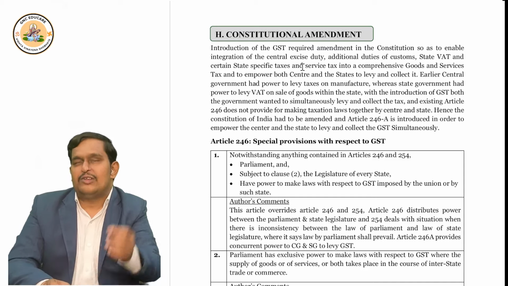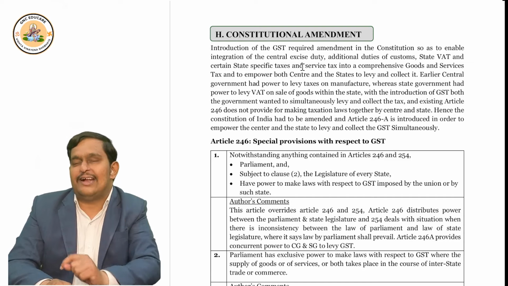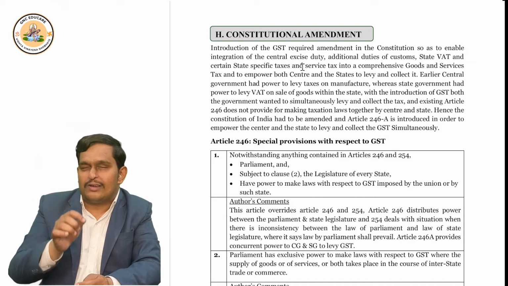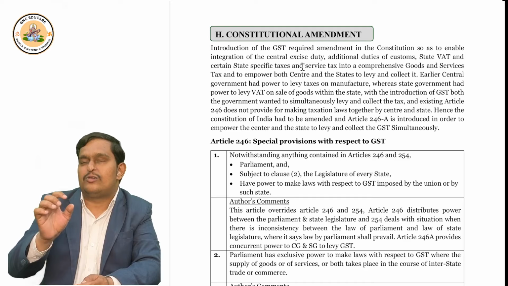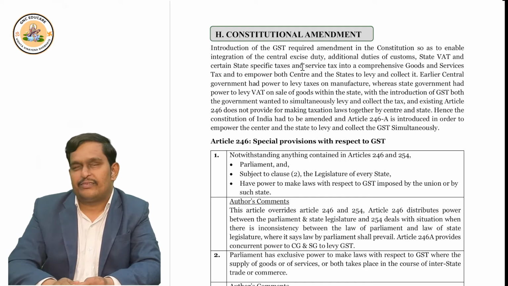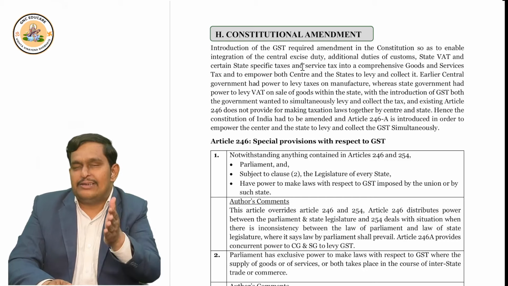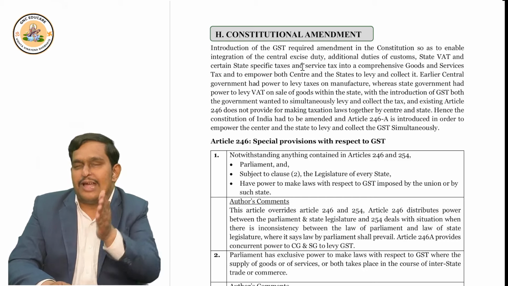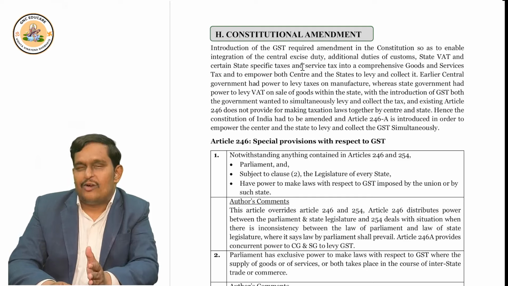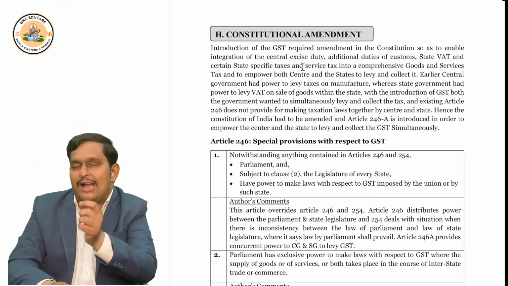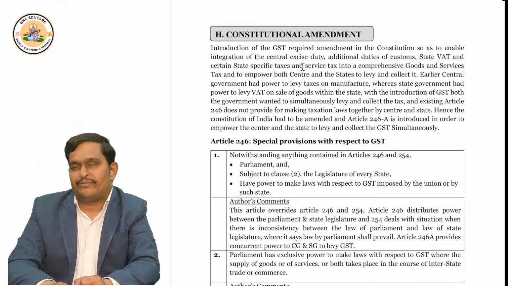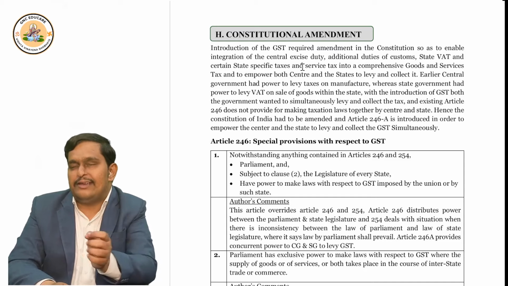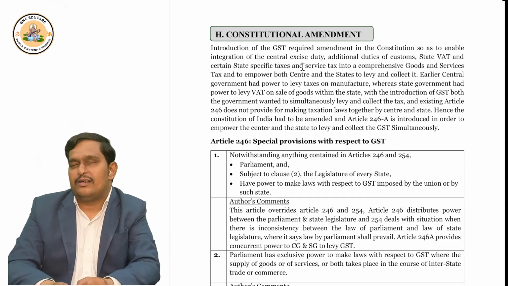They simply say, notwithstanding anything contained in Article 246 and Article 254, the central government and state government can simultaneously make law relating to tax on the supply of goods and services. So they can simultaneously make the law. That's what Article 246A said.